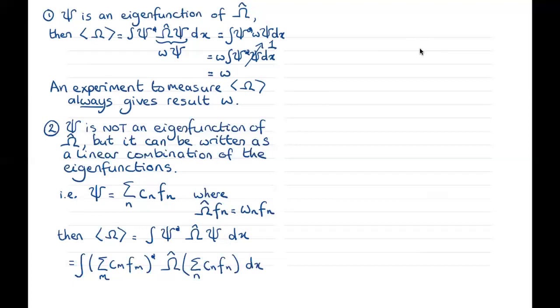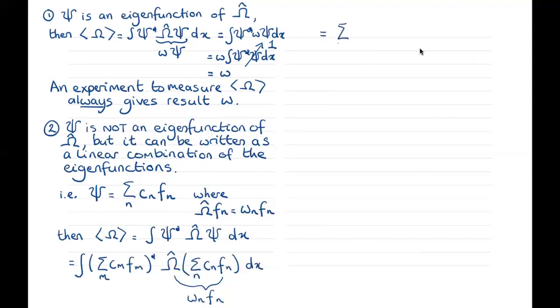Okay, so let's see how we can tidy this up. So again, we know that the operator omega acting on f sub n returns little omega sub n times f sub n, because f sub n is an eigenfunction. So here I can substitute omega sub n times f sub n. So let me do that and tidy things up a bit.